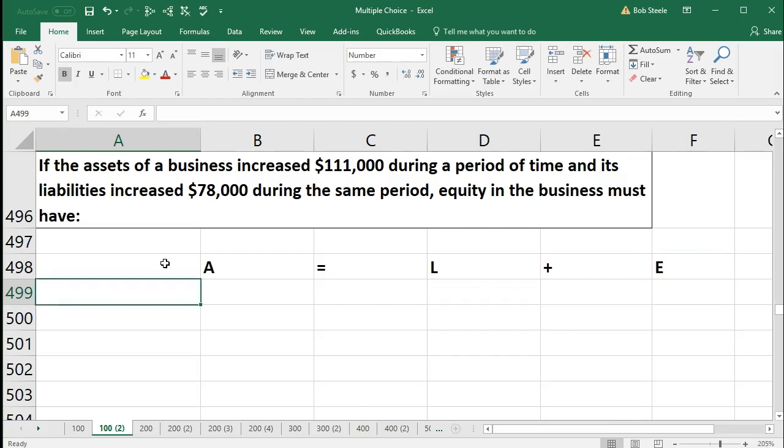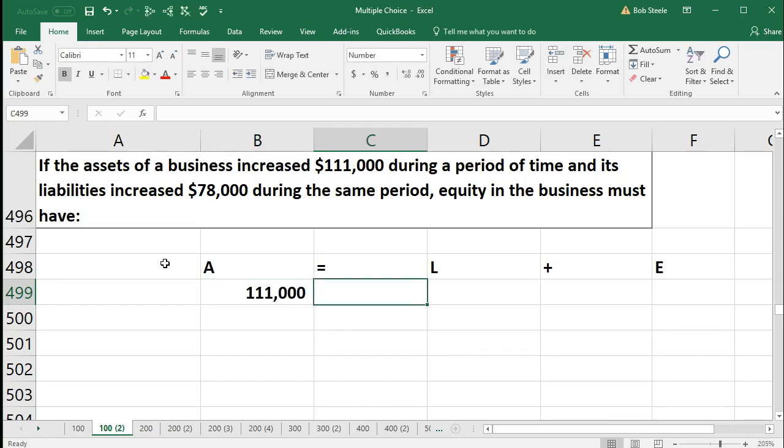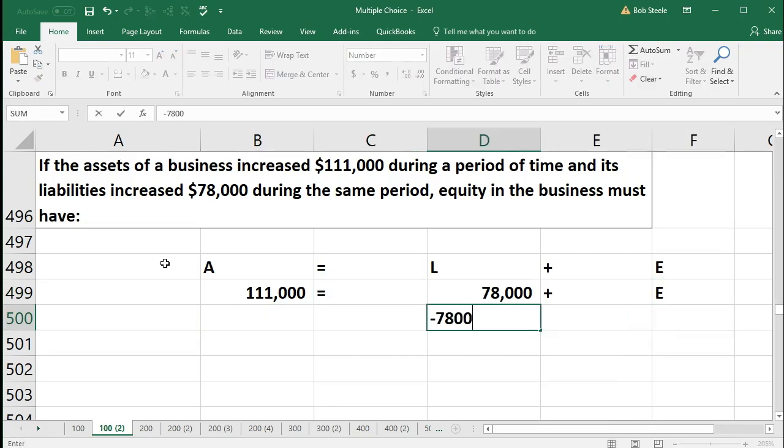And then we'll just say that the assets are going to be increasing by $111,000 during the time period, and that's going to equal the liabilities increasing $78,000, plus equity. So we're going to solve here for equity. We're going to subtract the $78,000 from both sides of our equation.